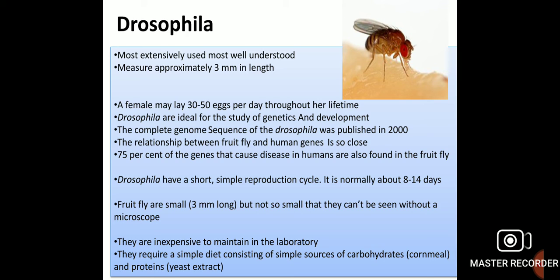Next, why we should use Drosophila: the relationship between fruit fly and human genes is so close that about 75% of the genes that cause disease in humans are also found in the fruit fly. Also, Drosophila have a short, simple reproduction cycle, normally about 8 to 14 days only.